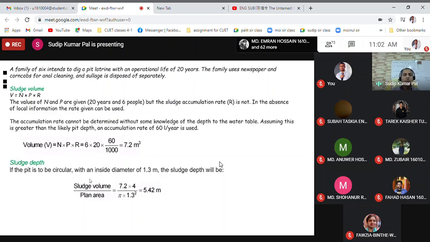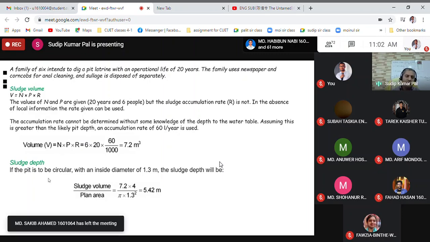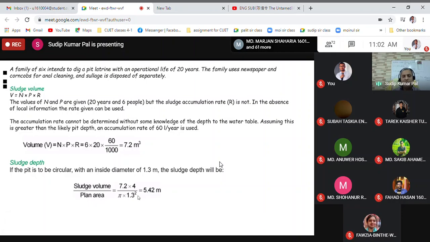Then you have to choose the pit shape, whether circular, square, or rectangular, whatever you want. Let's say I choose a diameter of 1.3, between 1 and 1.5, circular. Then I know the plan area, which is pi d squared by 4. Volume divided by area gives the depth.